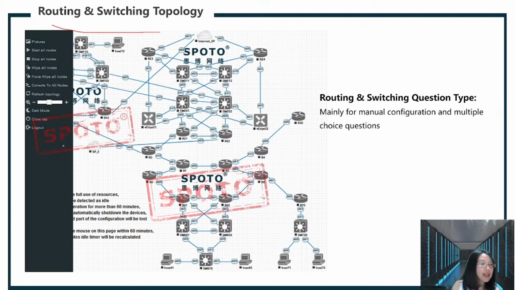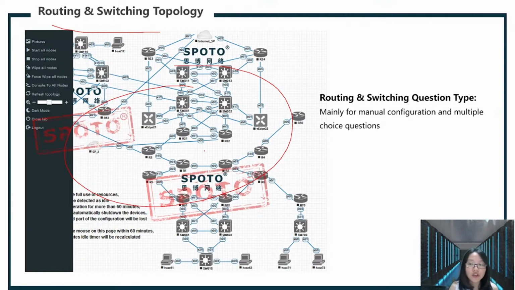You can see this is the routing switching topology, which requires us to accurately ensure that the phenomenon of each requirement can occur normally. If there is a problem with the routing and switching part, it will directly affect the SDN module.